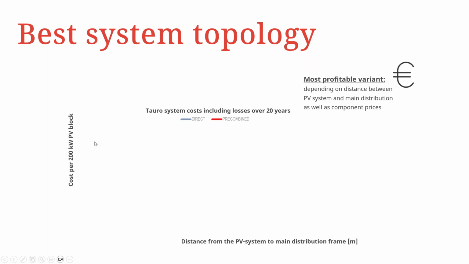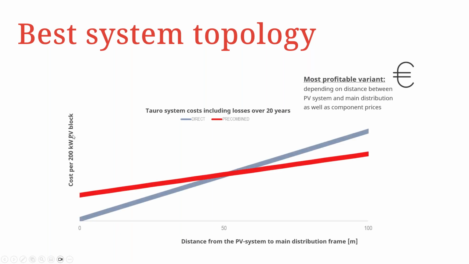Taking into consideration the Tauro system that includes all these losses over 20 years, and considering the distance from the PV system to the main distribution frame, plotted with the cost for a 200 kilowatt PV block, it can be seen that in the initial stages the pre-combined CAPEX cost is relatively higher than the direct, but over time the OPEX cost makes it economically viable.